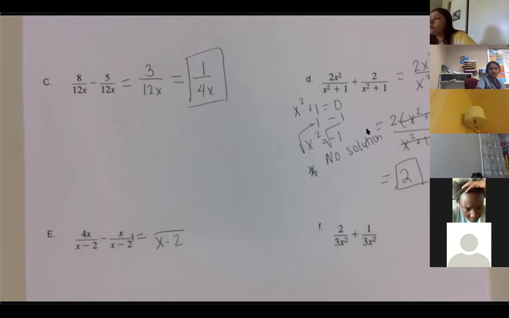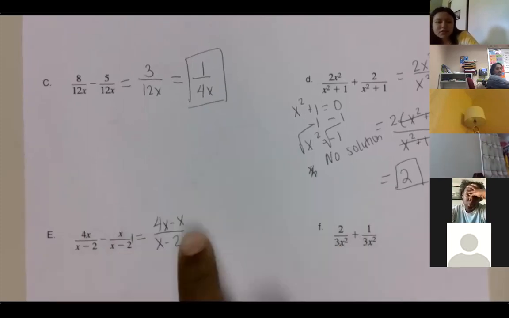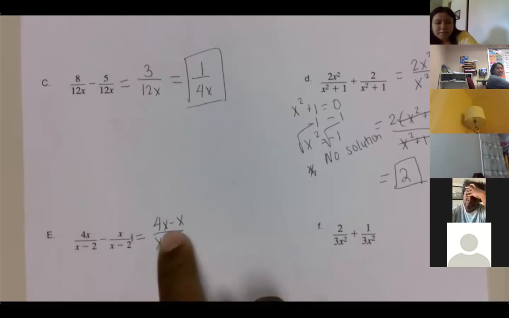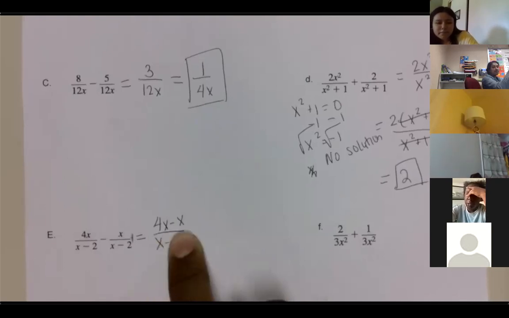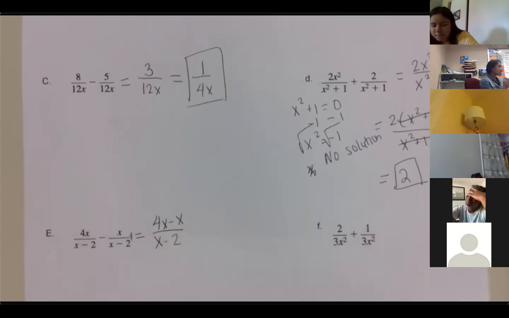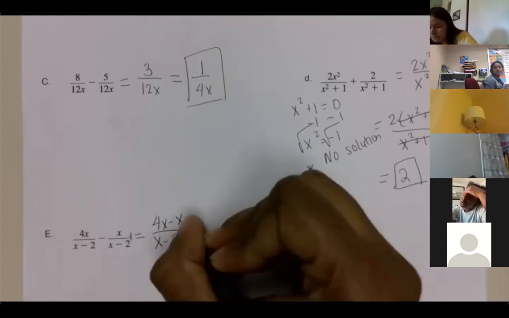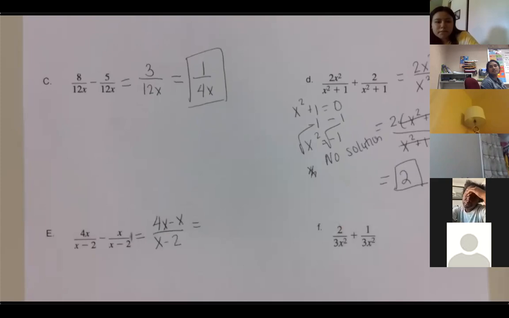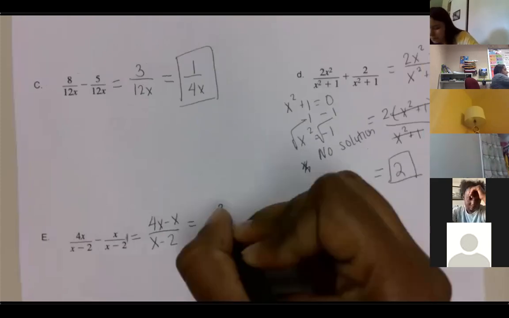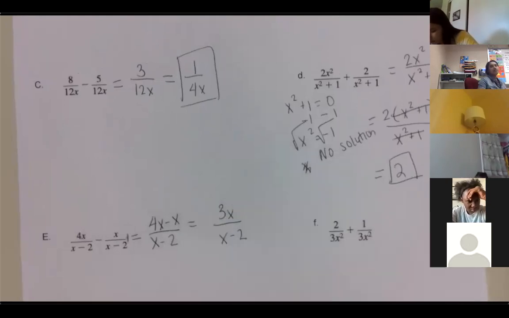Sandra? 4x minus x. Which is? 4x. So you'll notice that 4x minus x, those are like terms because they both have an x in them. So if I had 4 x's and I take away an x, how many x's do I have left? 3. So it's going to be 3x over x minus 2.